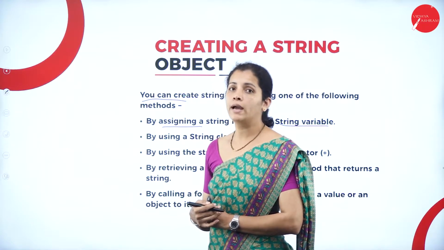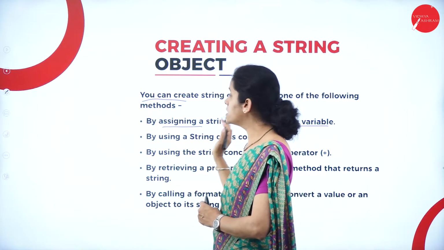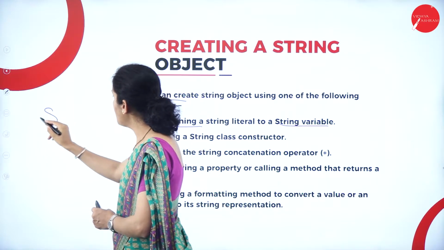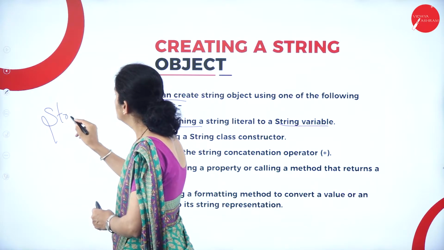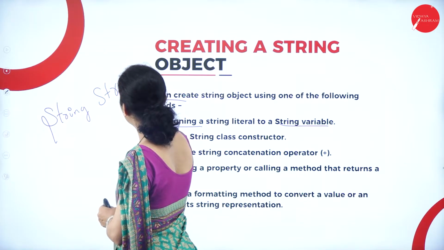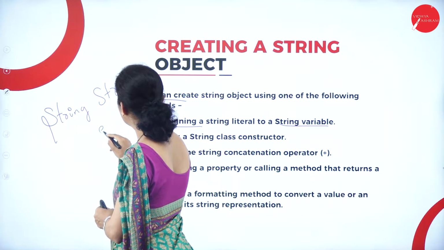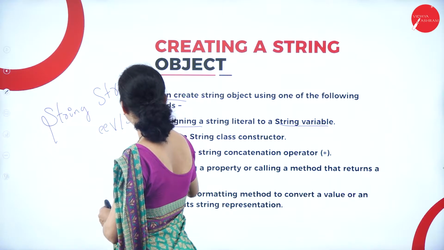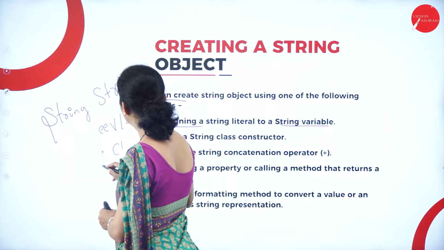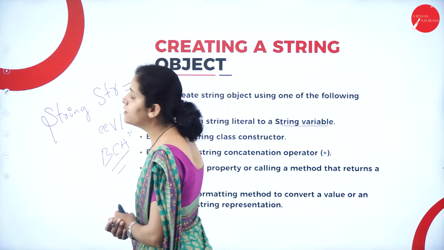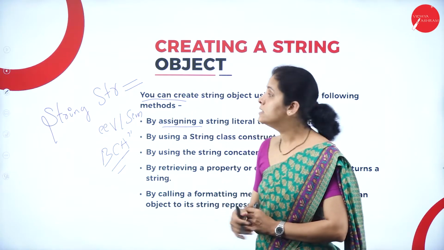After that, I want to assign that to a string variable. For example, say I have string str and I'm going to assign "sixth sem BCA". So this is one kind of creating a string.